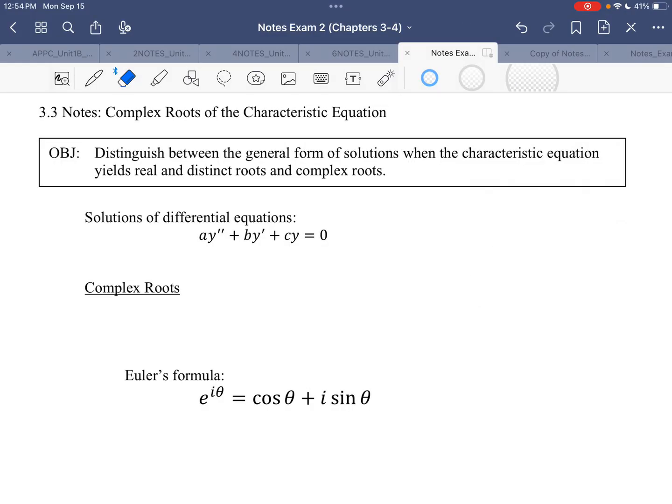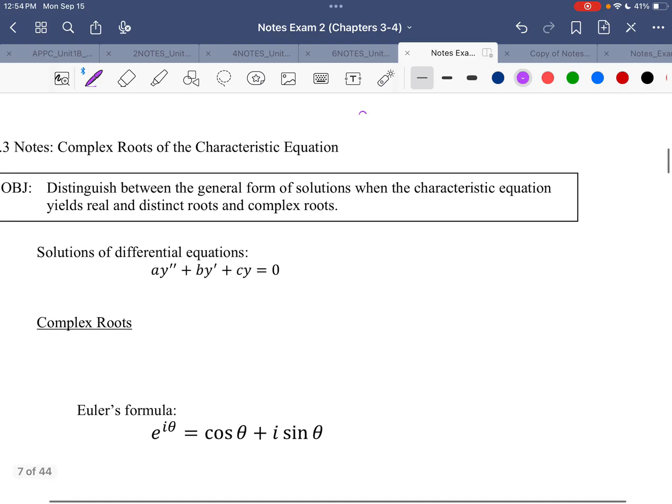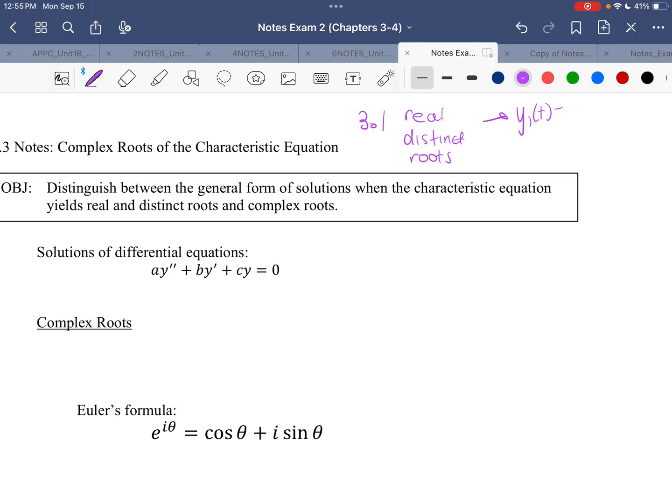Okay, today we're doing 3.3 and 3.4. So in 3.1, we learned about real, distinct roots, when we got y1 equal to e to the r1 t, and y2 equal to e to the r2 t.